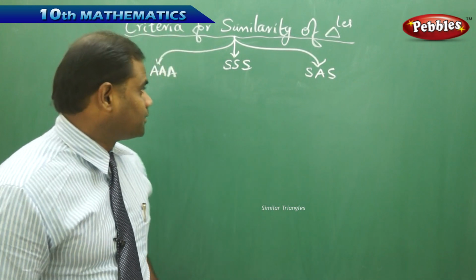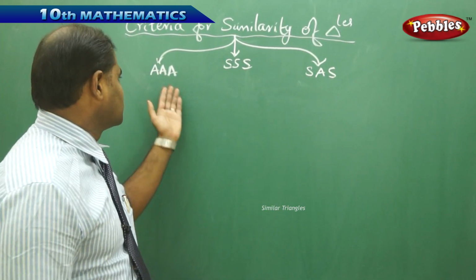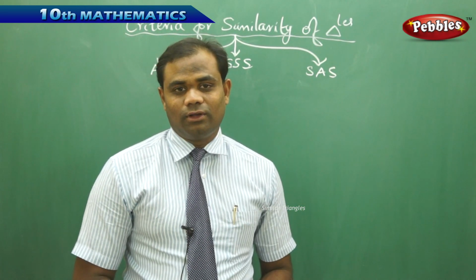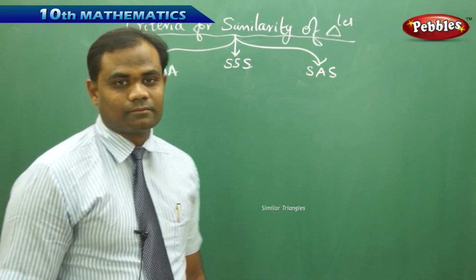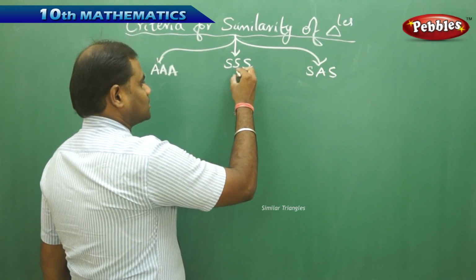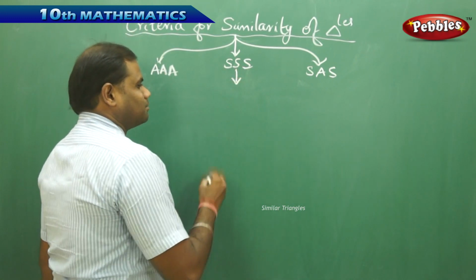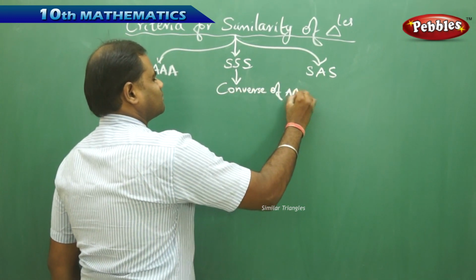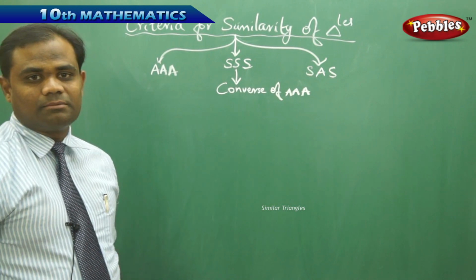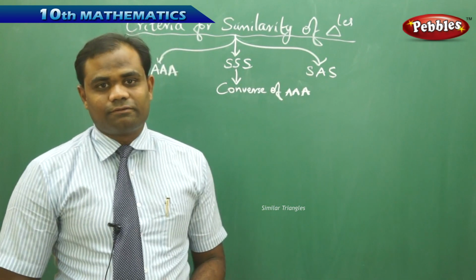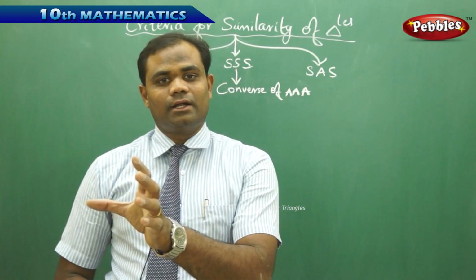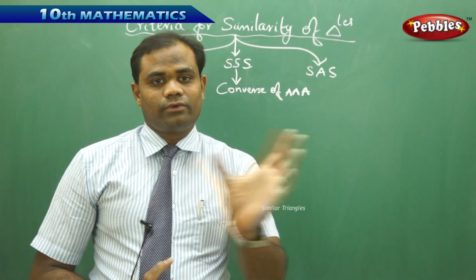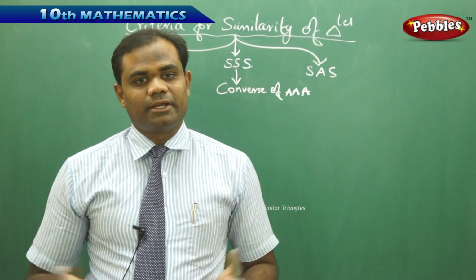Now next is the triple S criterion, as we have seen the triple A criterion. The triple S criterion is said to be the converse of the triple A criterion. I identify this as the converse of the triple A criterion in the sense that the triple A criterion stated that if the corresponding angles of one triangle are equal to the corresponding angles of the other triangle, then the two triangles will have their sides in the same ratio.